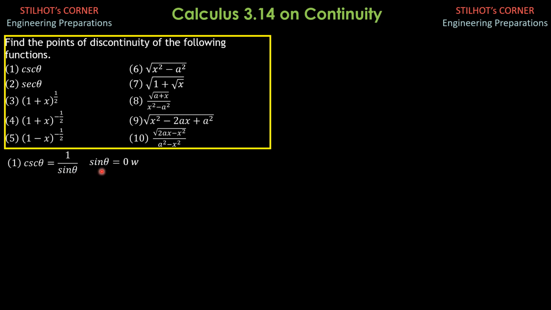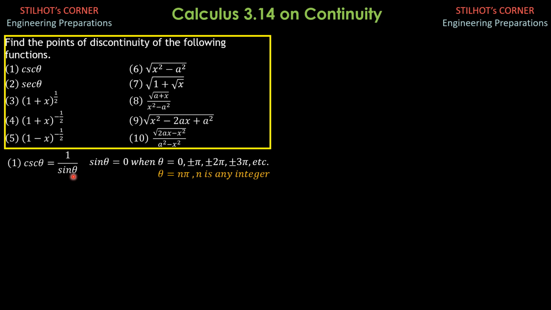So in general, the points of discontinuity would be those values of theta where sine of theta is 0. And these are 0, plus minus pi, plus minus 2 pi, plus minus 3 pi, etc. In general, the points of discontinuity are n pi, where n is any integer. So that's it for problem 1.